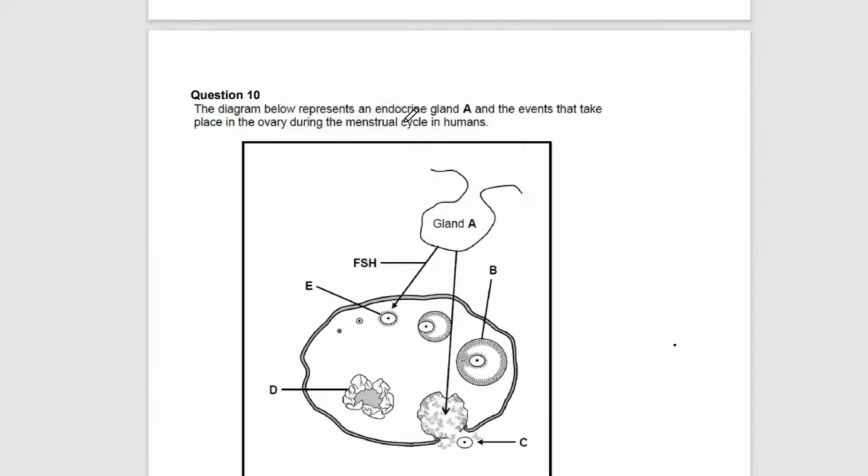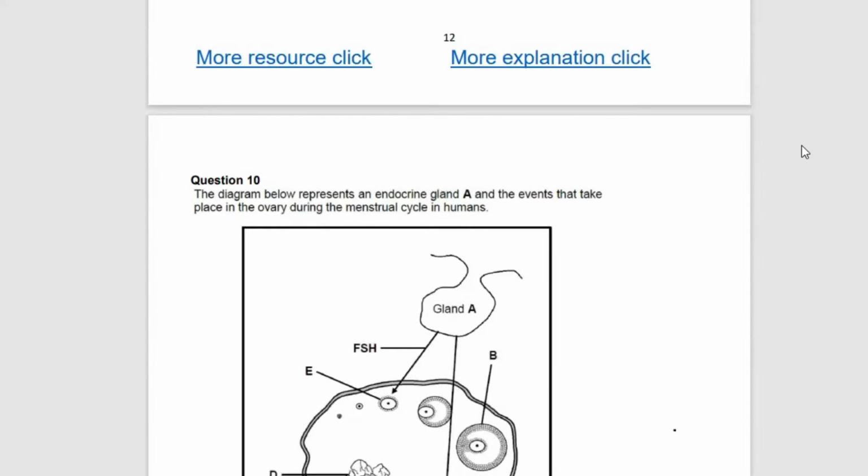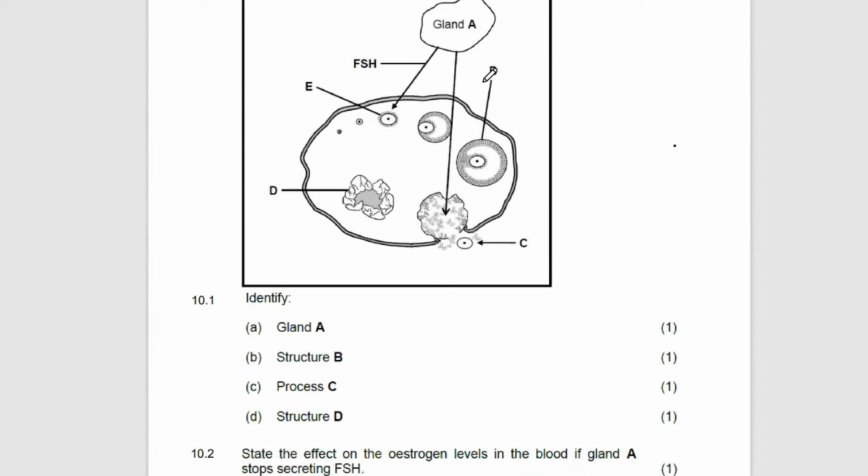The diagram below represents an endocrine gland and events that take place in the ovary during the menstrual cycle in humans. In other words, gland A produces a hormone which is used in the ovarian cycle.